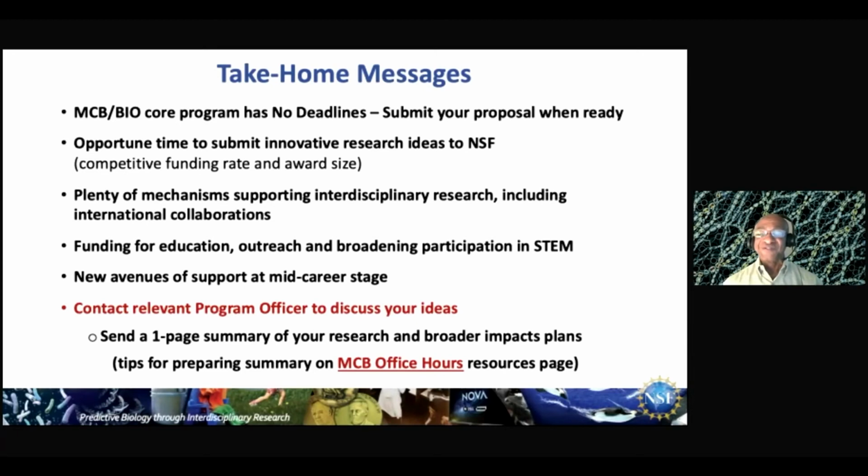That summary usually serves as a basis for discussion when we may have a subsequent conversation with you on the telephone. Tips for what to include in the summary are available in one of the past MCB office hour presentations from February 2020. It's located on the MCB blog.